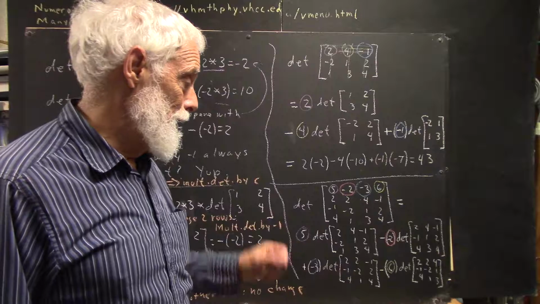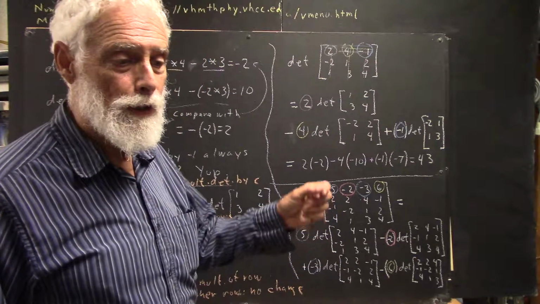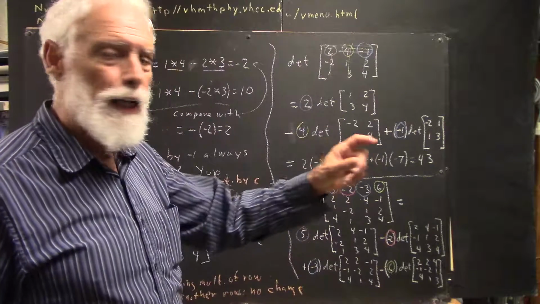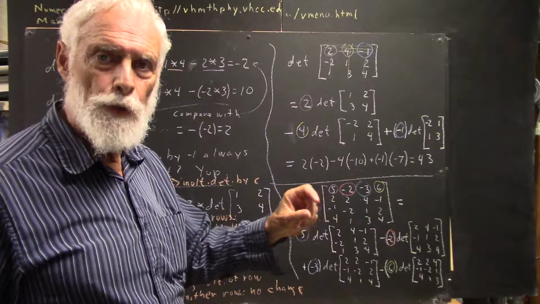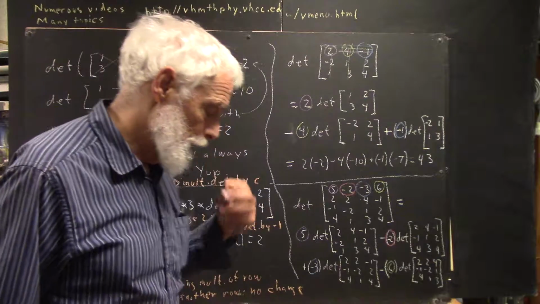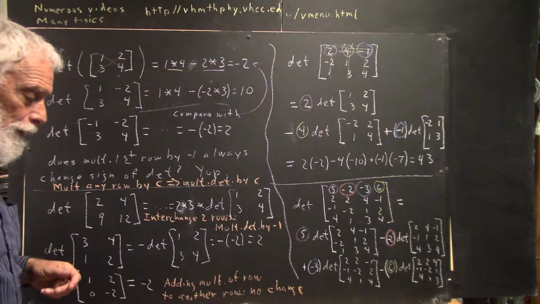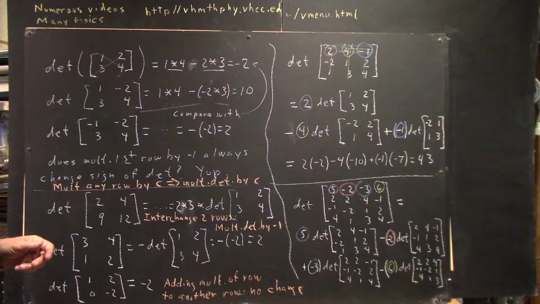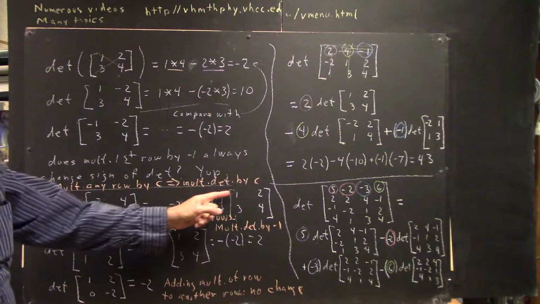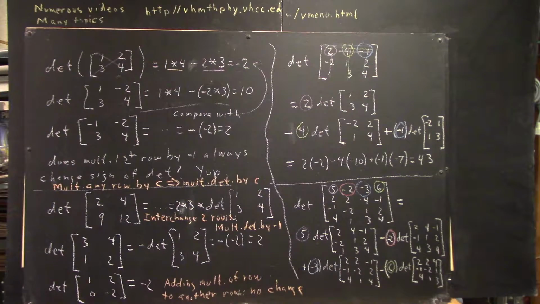So in the process of reducing that matrix, you write down exactly what your row operations were. Okay? And you know that if your row operation is to multiply a row by a number, that's going to multiply the determinant by that number.